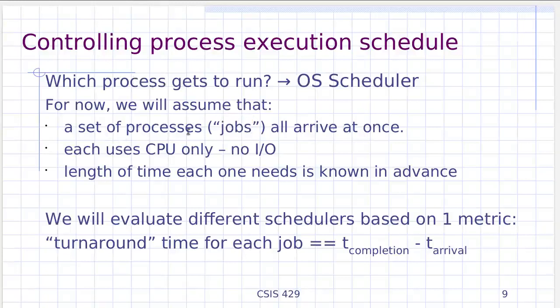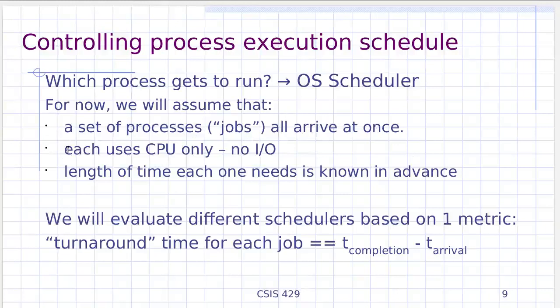These days we tend to use the word process. Furthermore, just to make things simple, we assume that all of these processes show up ready to run at the same time. That's certainly not realistic, but we'll relax these assumptions later and come up with a more realistic system. It turns out that these are good places to start.